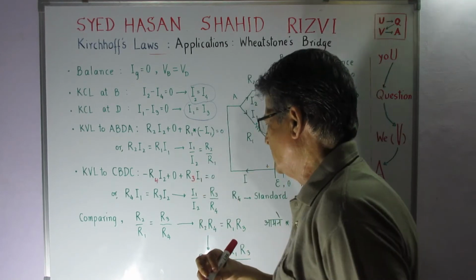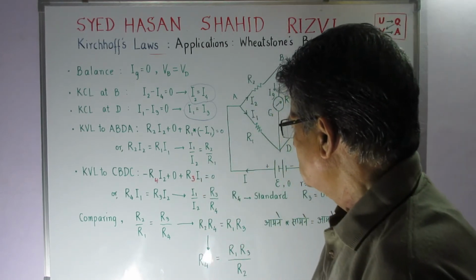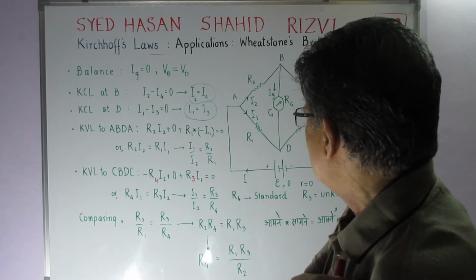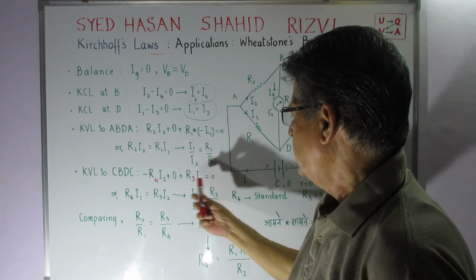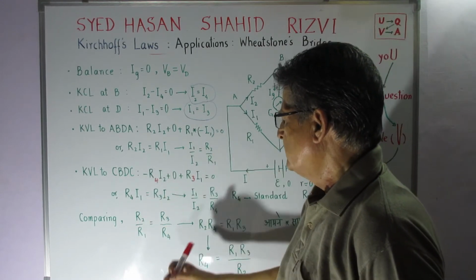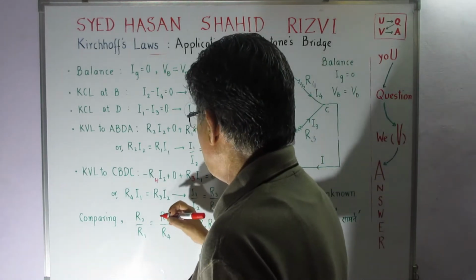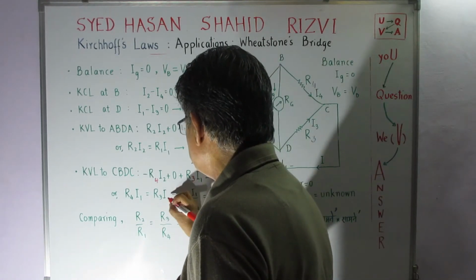Doesn't matter much. Okay, so this again culminates into R4 I2, R3 R1 I1.